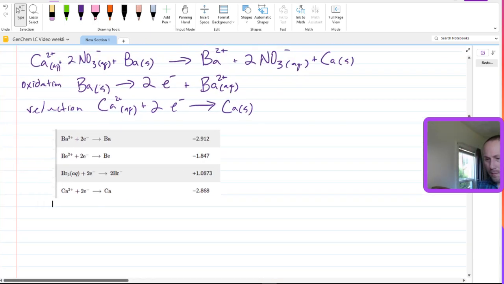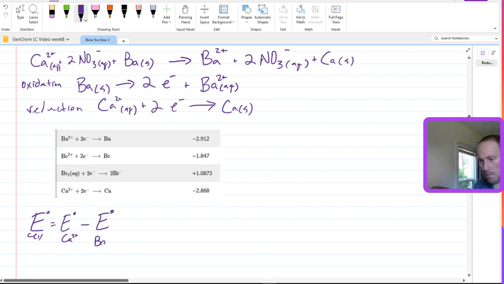So for calcium, it's going to be negative 2.868 volts minus... so does barium hate getting electrons even more?